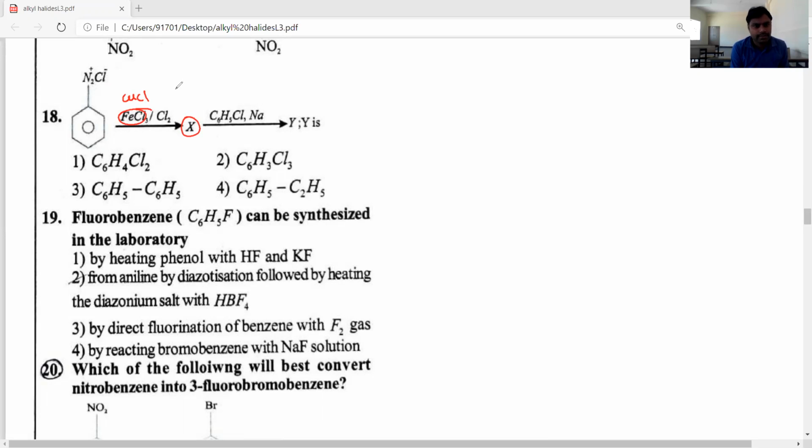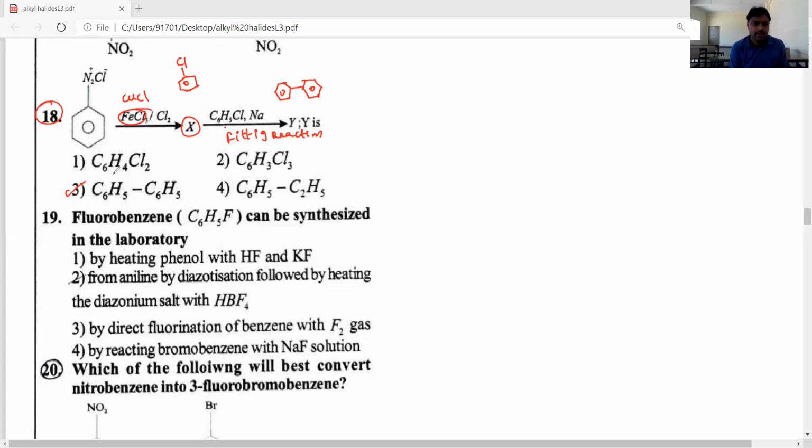X is chlorobenzene. Again, this chlorobenzene treated with chlorobenzene in the presence of sodium metal means the Fittig reaction. The final product Y is biphenyl, C6H5 bond C6H5. The third option is correct.